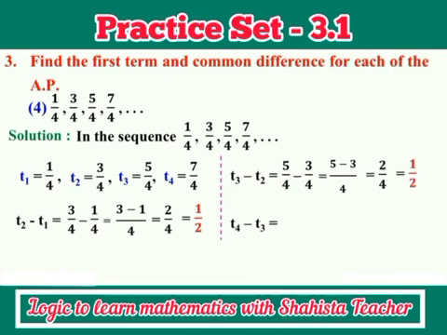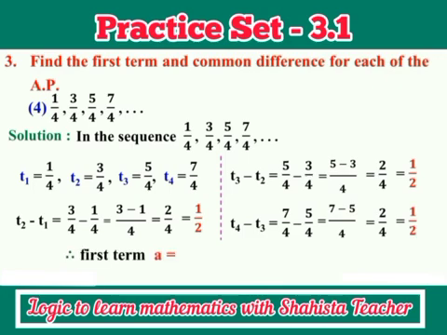T4 minus T3 is equal to 7 upon 4 minus 5 upon 4. 7 minus 5 is 2, so 2 upon 4. 2 ones are 2, 2 twos are 4. 1 upon 2. Now here the first term A is equal to 1 upon 4 and the common difference D is equal to 1 upon 2. 1 upon 4 is there in the question and 1 upon 2 we found as the common difference. So simple and easy to understand all these sums.